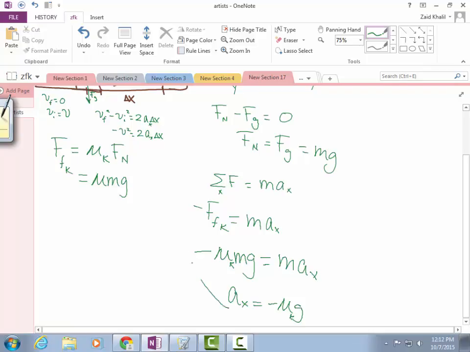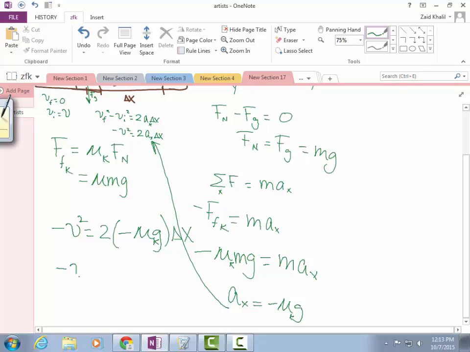So now we plug this into right here. We have negative v squared is equal to 2 times negative mu g times delta x. What are we solving for? Mu. To solve for mu, you divide by everything else.